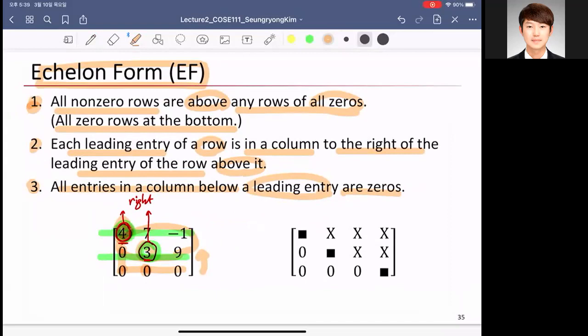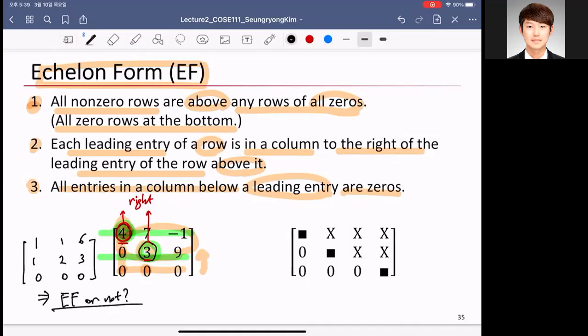Okay, so let me show you something. Let me give you an example. What if we have the matrix 1, 1, 6, 1, 2, 3, 0, 0, 0. Is this echelon form or not? Question.